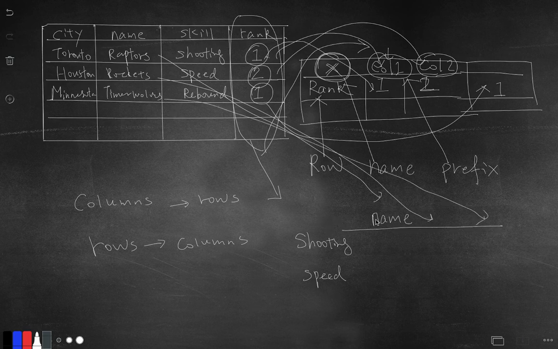If this is Raptors, I want to see the shooting will be number one, and then they don't have anything else. For Houston, the speed will be number two. So that is the table I have in mind as my target table.